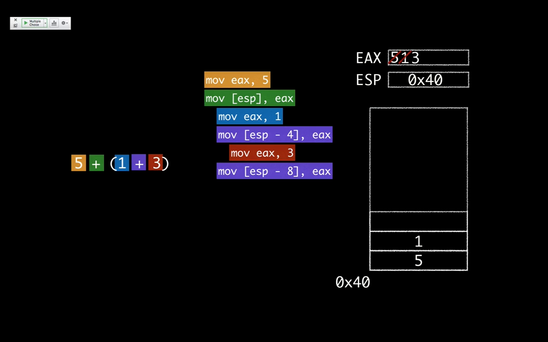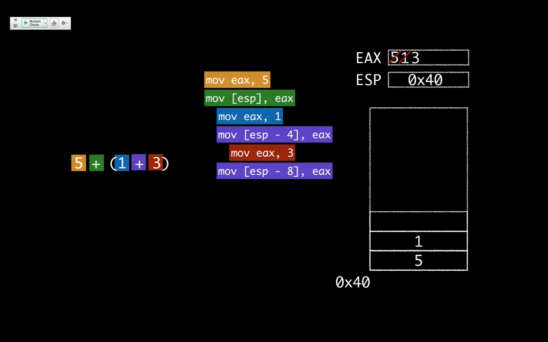If we do something like subtraction or division that doesn't have this property of being able to be reordered like plus does, then we care about evaluating left to right. We really do need to evaluate the left, save it somewhere, evaluate the right, save it somewhere, and then start with the left and do the operation on the right. So if we care about order of operations, it's useful to do this. We don't actually have to use this storage in every case.